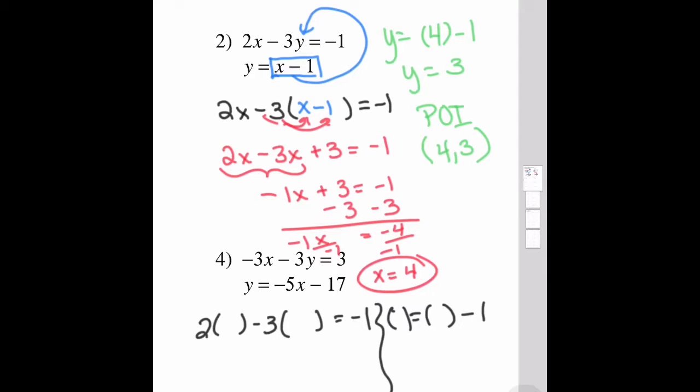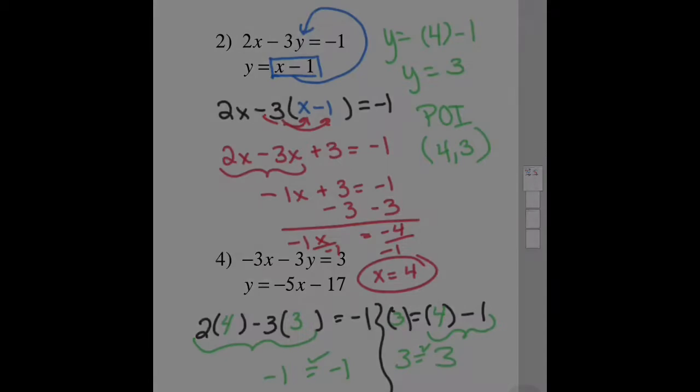So my x is 4 and my y is 3. Plug this into your calculator, you get negative 1 equals negative 1. 3 equals, plug this into your calculator, 3. They both check, so the answer is correct. They're both a solution to the system of equations.